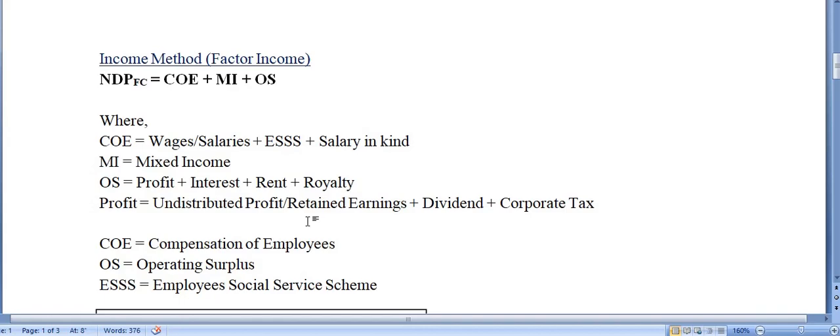But remember, whatever TA is allowed to the worker should also be included out here in COE, because you are compensating the employees. However, that TA should be used by the staff only and only for the traveling purpose. So remember this. You may be having this kind of confusion because in the previous video I said that TA will not be included.